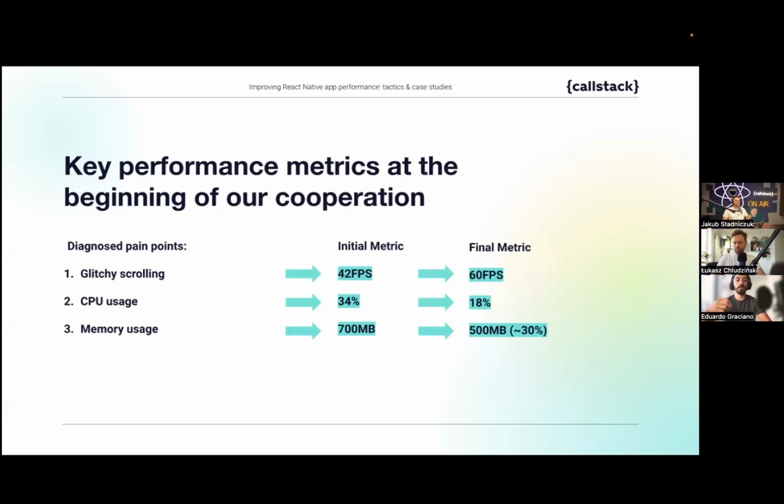And our quest for optimizing CPU and memory usage gave us a reduction of 18% and 30% respectively. So in summary, it reduced the power consumption, improved the battery life, and gave smoother animations and transitions, resulting in a great experience for the end user.